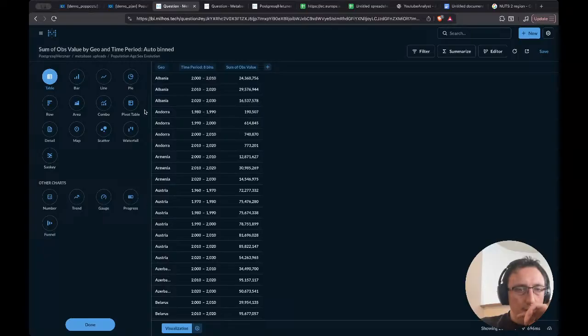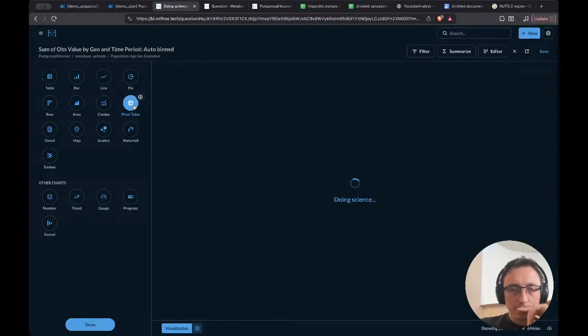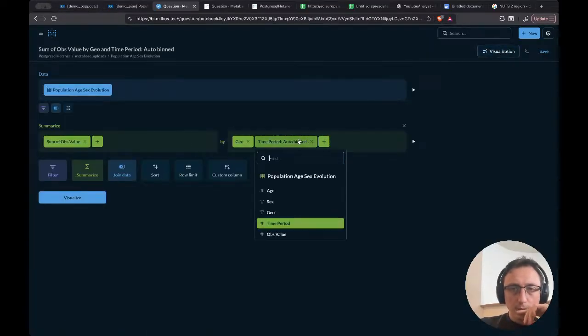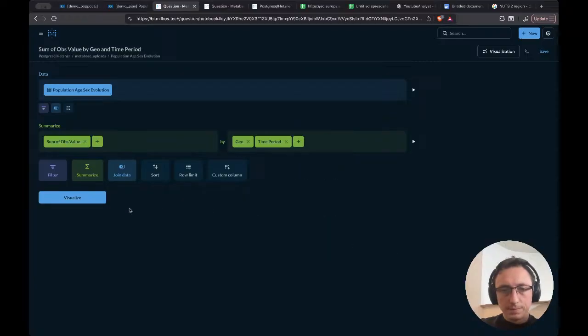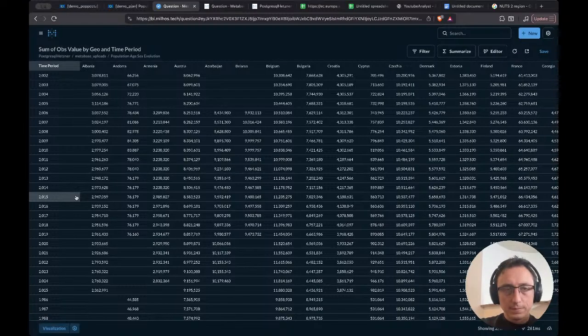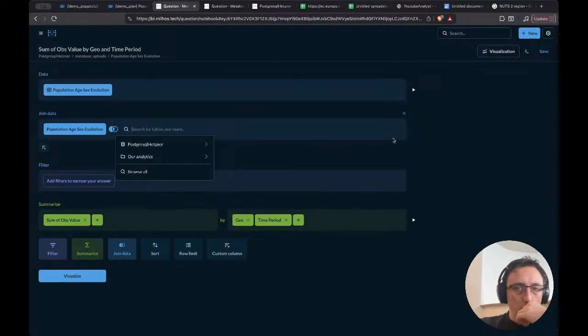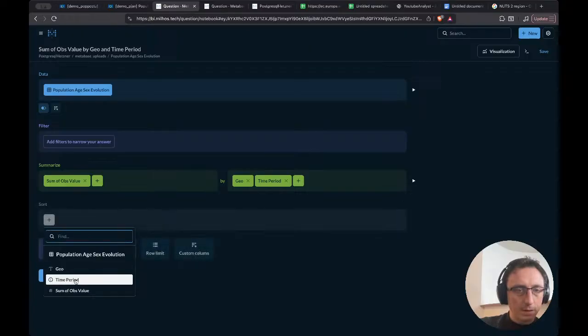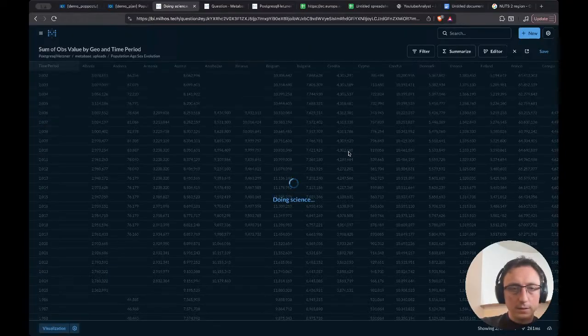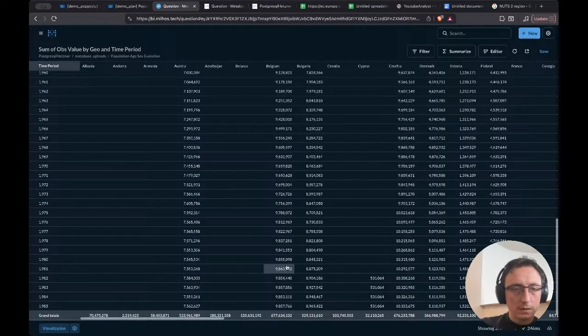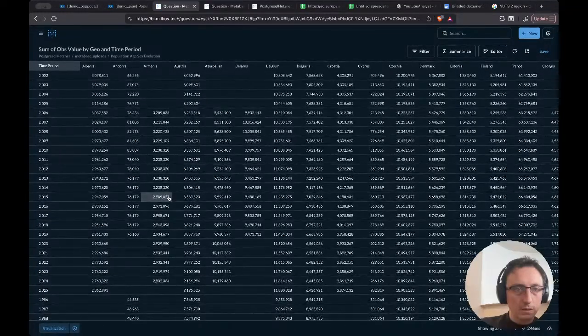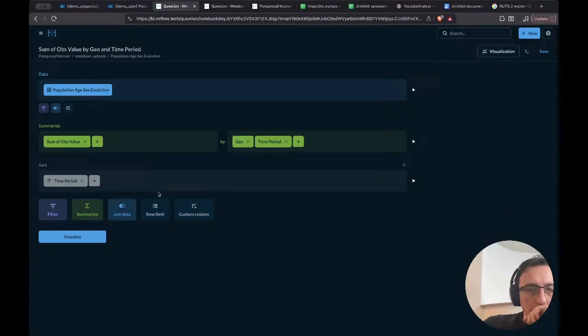Visualization, we have a pivot table. We don't want build. Of course, we want to sort by time period. What is this strange sorting doing?